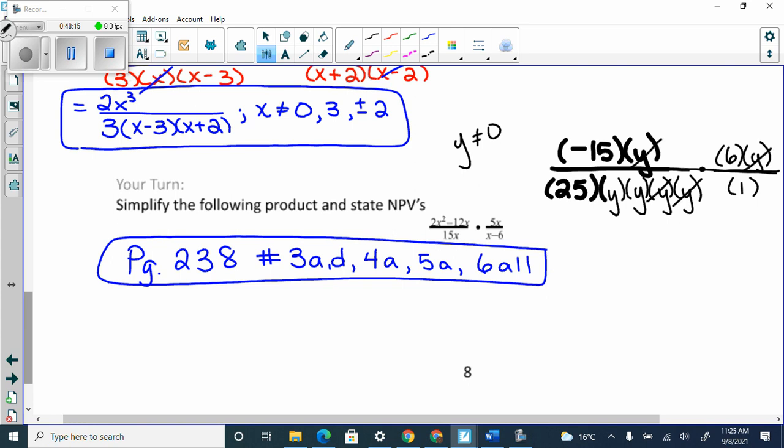Take a 5 out of both of these, so I'm gonna get negative 3, 5. Because none of these have plus or minus signs attaching them together, right? They're all monomials. So on the top, I would get negative 3 times 6, which is negative 18. The y's all cancel over 5y squared.